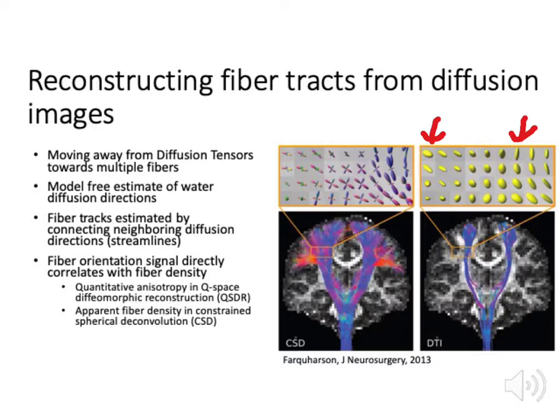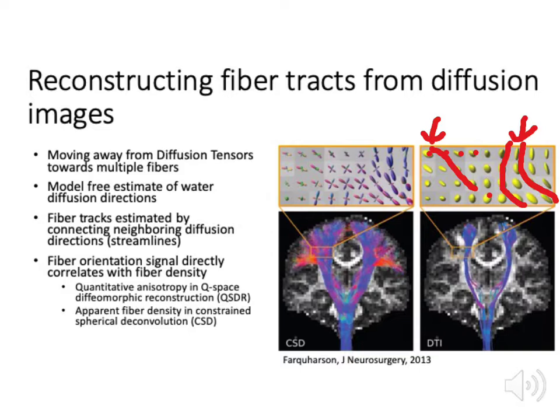By calculating the diffusion direction in each individual voxel and then creating a reconstruction algorithm that starts to stitch together the primary diffusion direction, algorithms are able to reconstruct tracts known as streamlines. The disadvantage of the diffusion tensor approach is each voxel is only able to detect the direction of one diffusion direction.